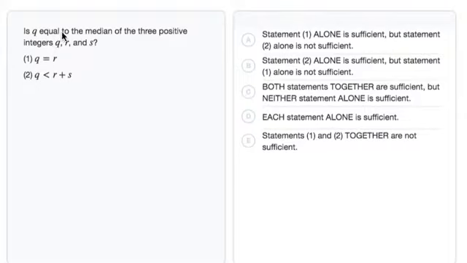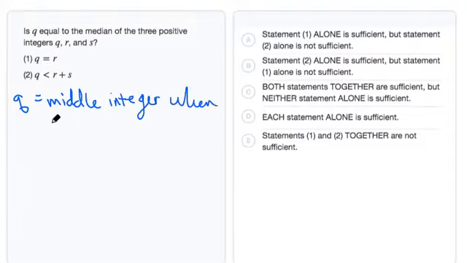So essentially, to answer this question, we need to determine if q is equal to, or has the same value as, the middle integer when q, r, and s are in numerical order.